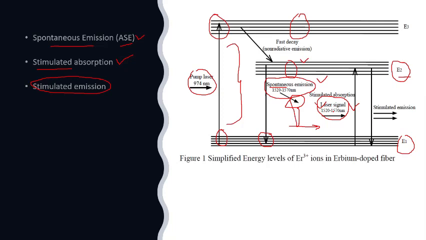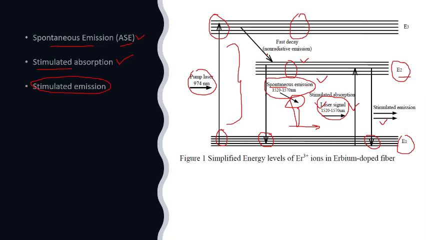So if we are putting a laser signal in the C band spectrum, let's suppose 1520 to 1570 nanometer, then in stimulated emission the ions give a coherent photon of this particular laser signal, and it gets amplified, and the ions in the metastable state come back to the ground state. This process contributes to the amplification of the signal.